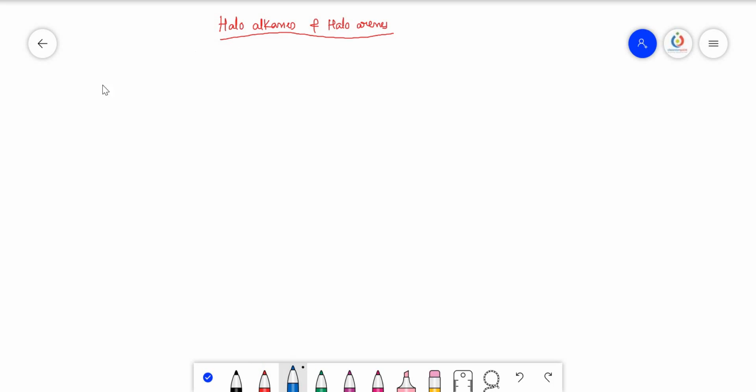So here haloalkanes, these are the derivatives of alkanes, alkenes and alkynes. Let us see how these are going to be formed.